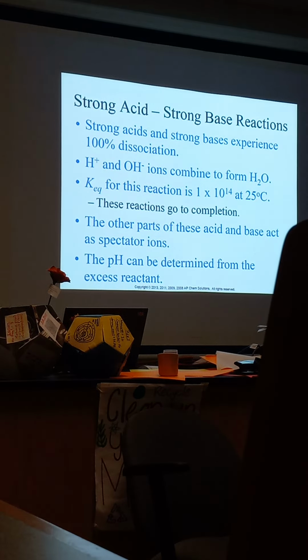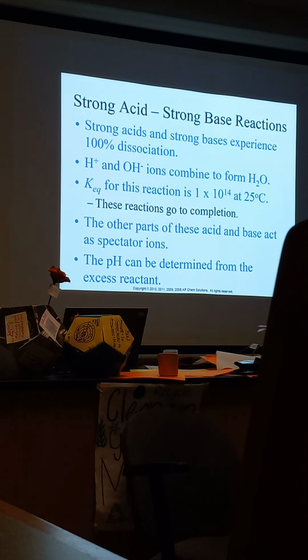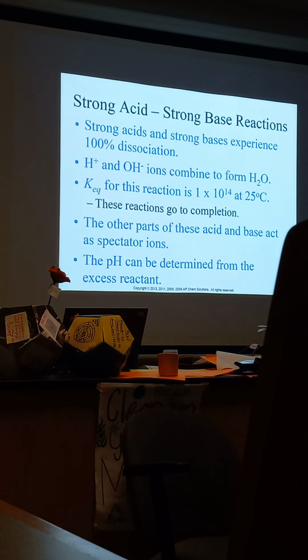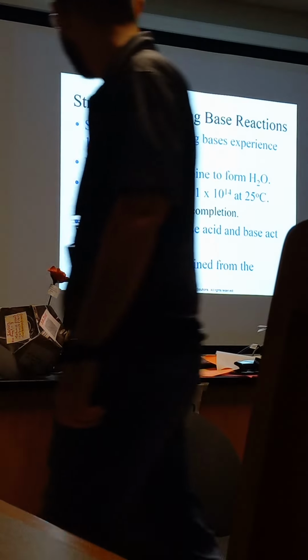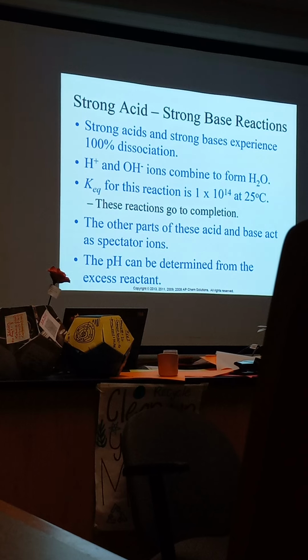So the spectators are the ones that don't precipitate, right? Or they don't change. So if you had a Cl minus before, because your H plus went and attacked water, after the whole reaction's done, is that Cl minus still going to be dissolved? Yes, therefore it is what we call a spectator ion.